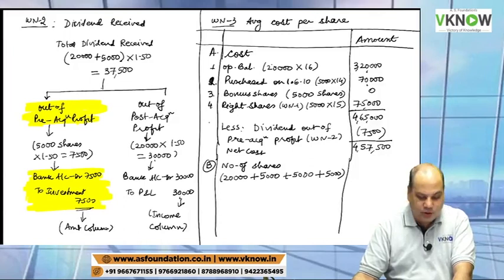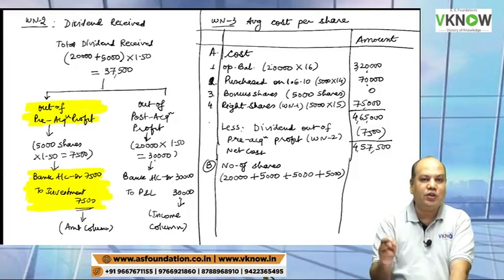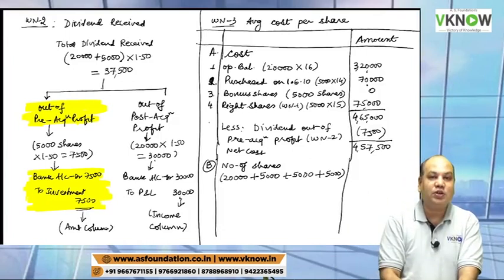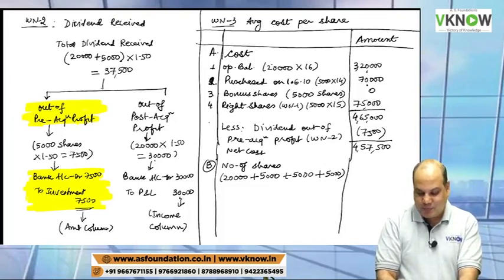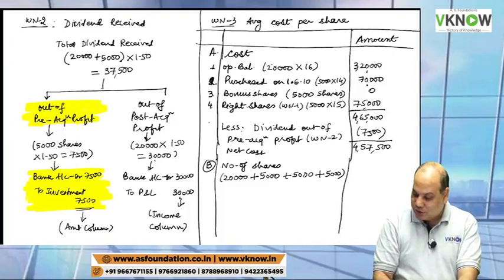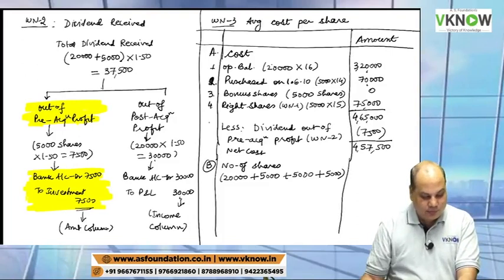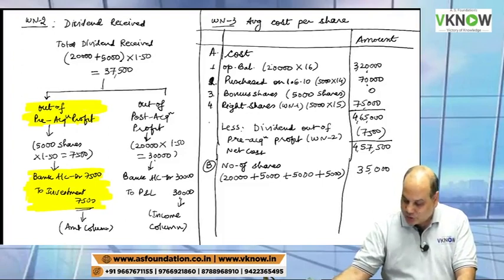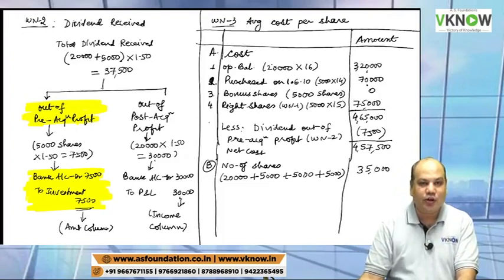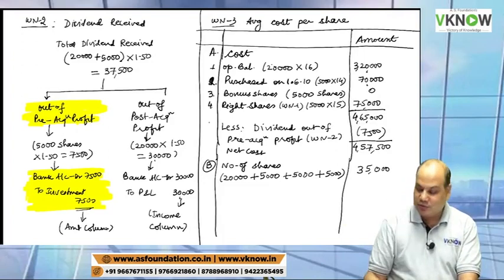Total number of shares held before sale. Number of shares is 20 plus 5 plus 5. So are you getting 35,000? Yes or no?